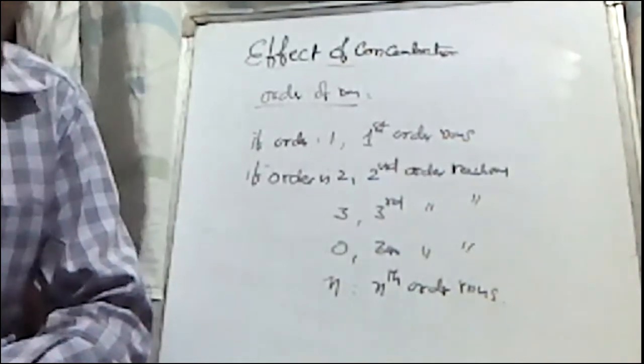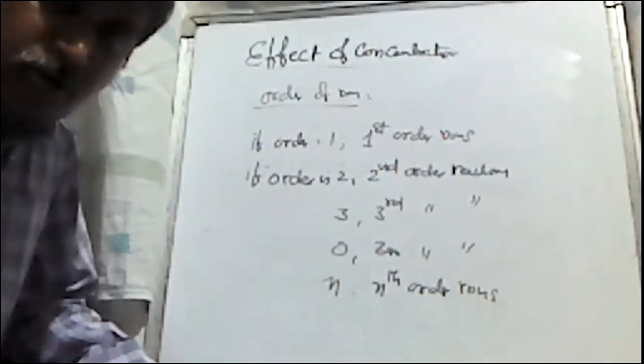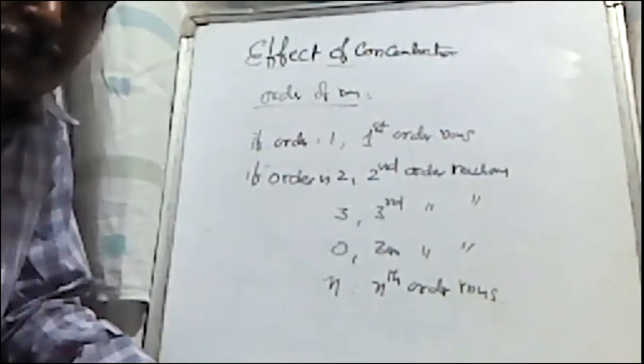If order is 2, second order reactions. If order is 3, third order reactions. If order is 0, zero order reactions. If order is n, those reactions are called nth order reactions.